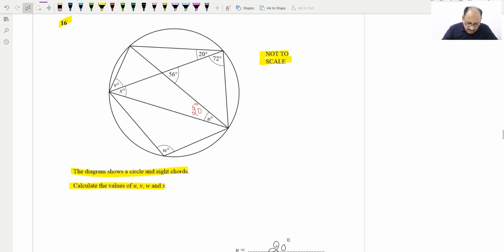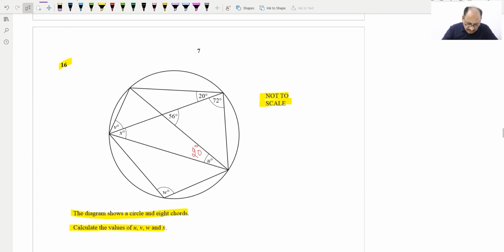Now next, which angle we can find? We can find basically another angle. This is 56, so we can say this angle is also 56, opposite angle.